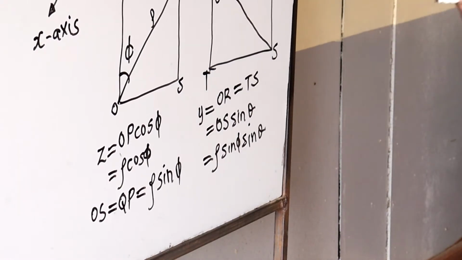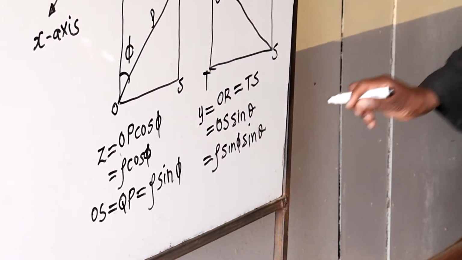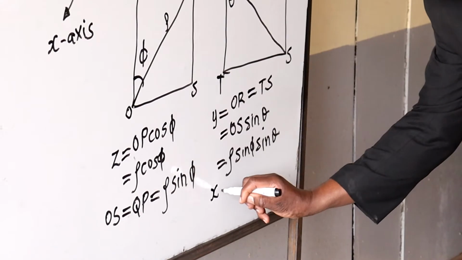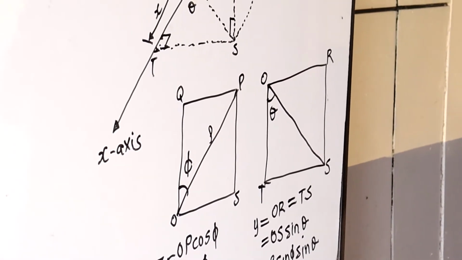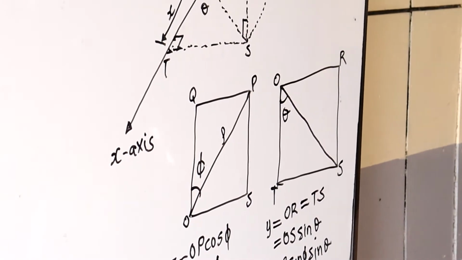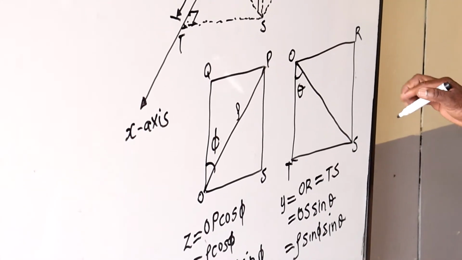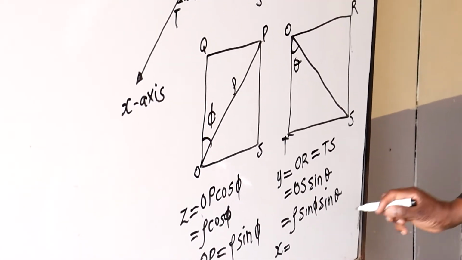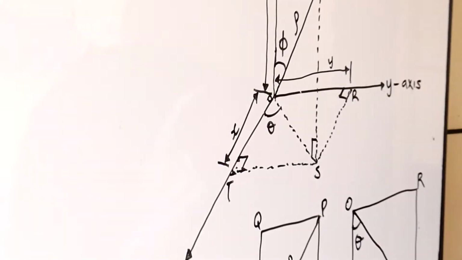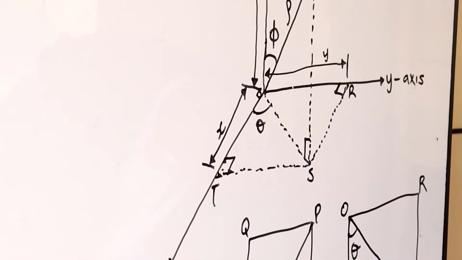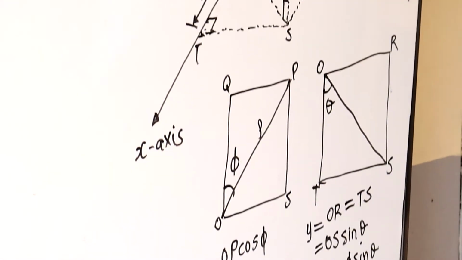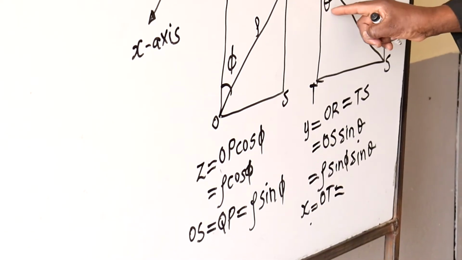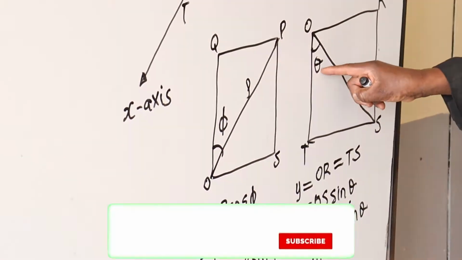Now x will be equal to OT, and OT is the adjacent side to this angle theta.